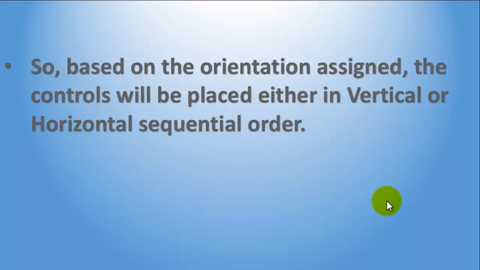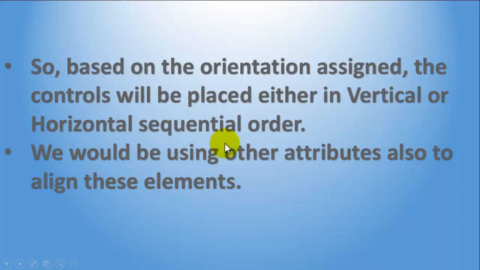It wouldn't look nice if there are no spaces between the controls when they are placed in vertical or horizontal sequential order. So I would also be using other attributes to align the elements present in this linear layout.